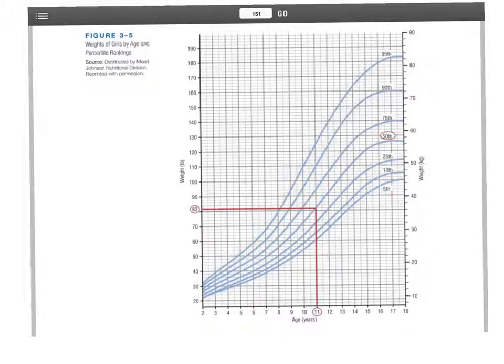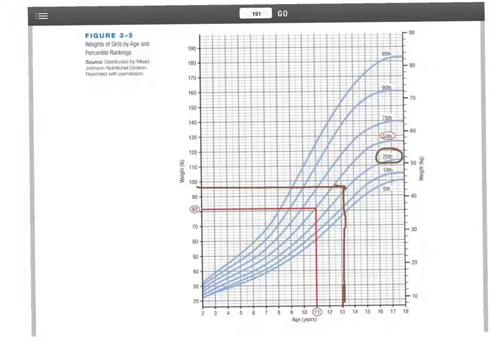Well, they would go here and look at 13, and I weighed 95 pounds. So my weight would be 95. 95 is right here, and there's my 13-year-old self. And that would be on the 25th percentile.